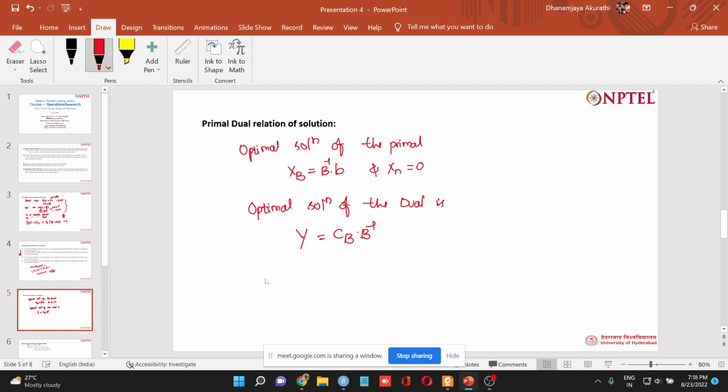The objective value of primal and dual both, in notation, is CB into B inverse into b, that is, the RHS value. So this would be the objective value of the primal and dual in the symmetric case.